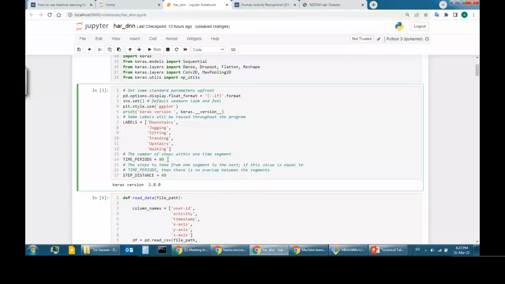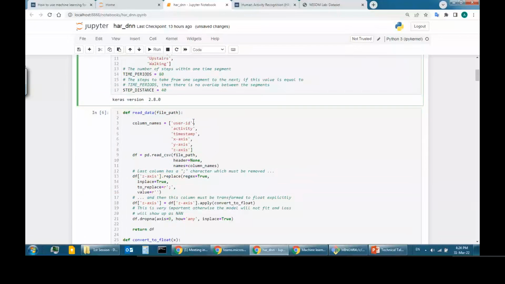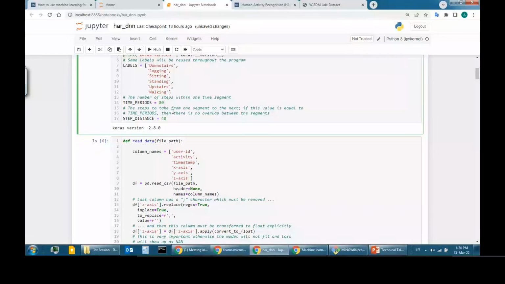Every 80 readings, they will take 80 readings together. You can also overlap between different segments if you want. So if you take a group of signals window after window, you can also overlap between these windows if you want, or you can make them distinct.